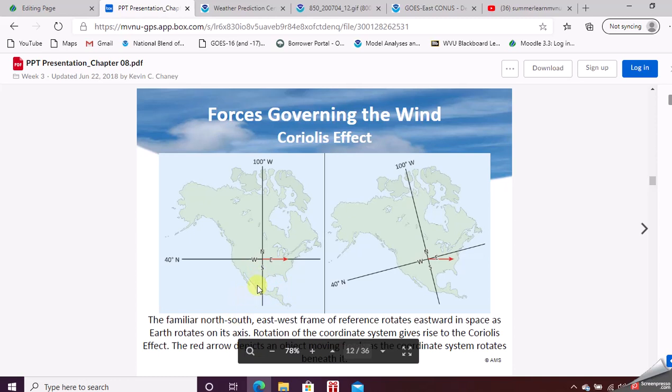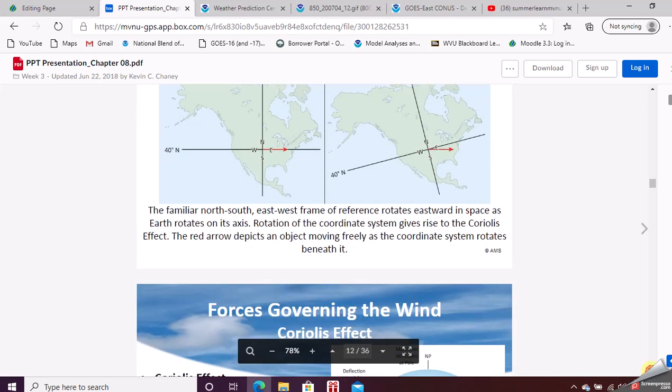But if you have winds that are moving across the United States, it may be taking 3 or 4 days, and that's 3 or 4 days where it's being pulled to the right, if it was moving out of the west. So Coriolis force will have more and more of an impact, and it is the strongest by the poles, and the weakest, it actually goes to 0 around the equator. All things that are important in winds.